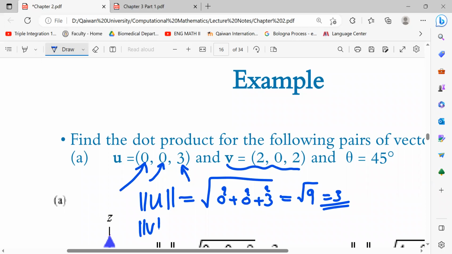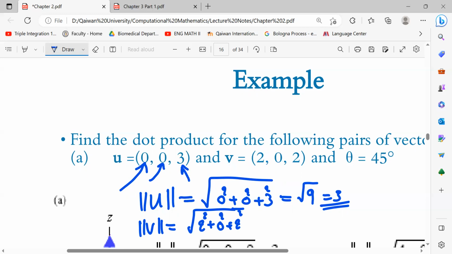Norm v is square root of... We do the same for vector v. We square all components and we find the sum of them in a square root. It's 2 squared plus 0 squared plus 2 squared. These are the components of v.